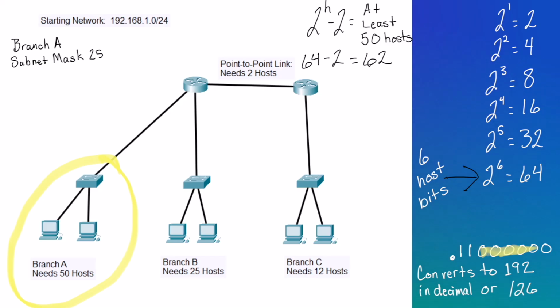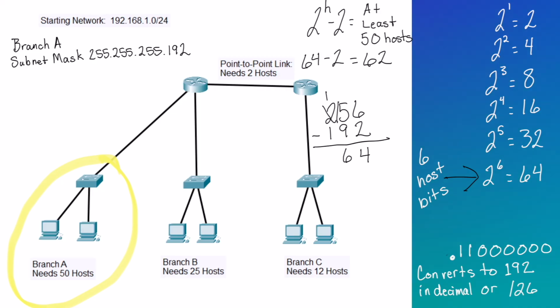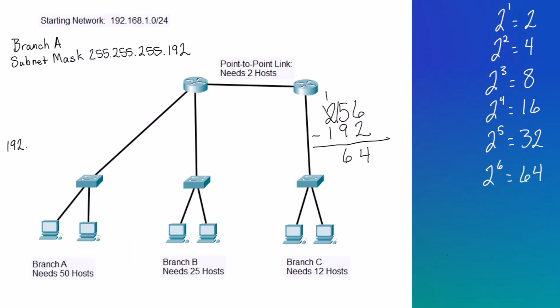With 6 host bits, our subnet mask is 255.255.255.192. 256 minus 192 gives us 64. So our block size for this first network is 64. We can start with our first IP address, 192.168.1.0.